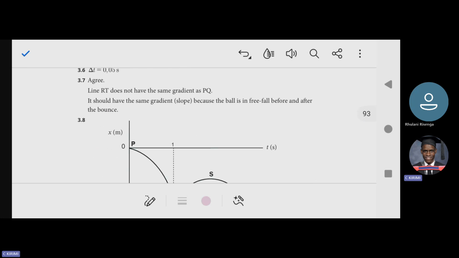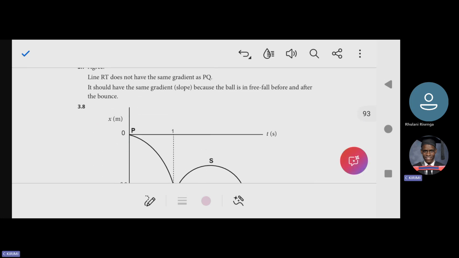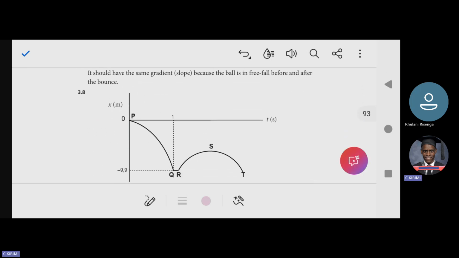Gradient, the slope. So in a position-time graph, where did you start? I started at 0, which means if it's going downwards, which direction are you taking? Is upwards positive or negative? You are taking upwards as positive, but this is a position-time graph.